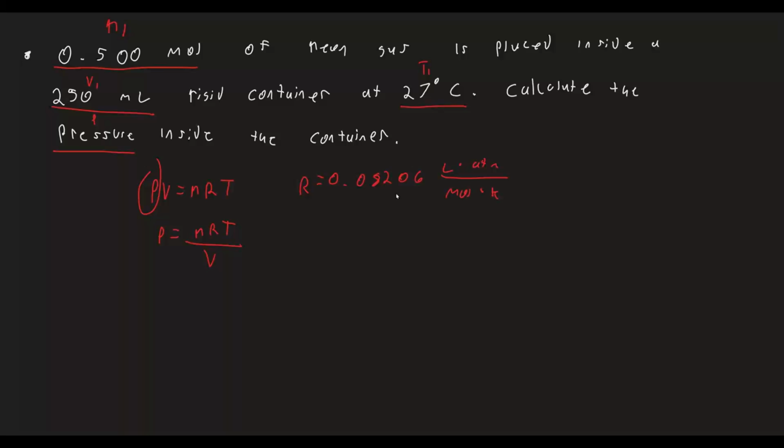So we need to do a little bit of conversion here. So we have a temperature of 27 C. We have a number of moles of 0.5. We have a volume of 250 milliliters. And that's everything.